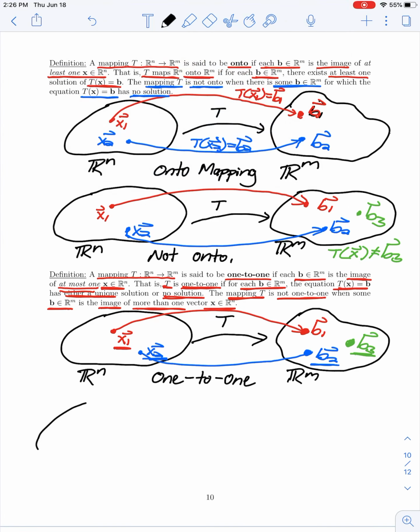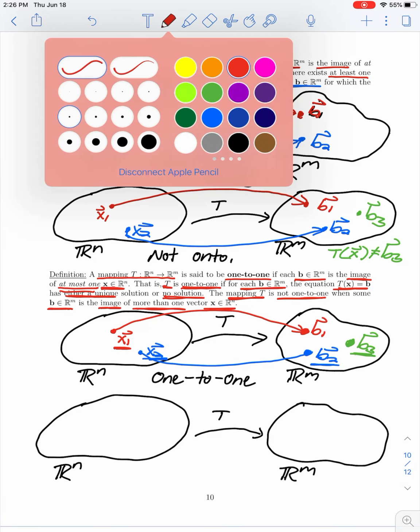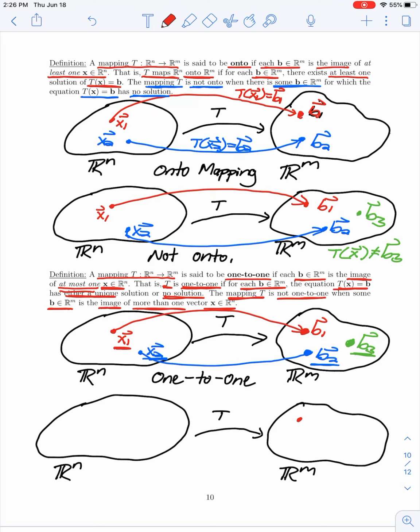So let's say that we have our domain Rn, which is mapped by T into Rm. Then let's say that we have some vector B1 which has two different vectors in the domain with that as its image.